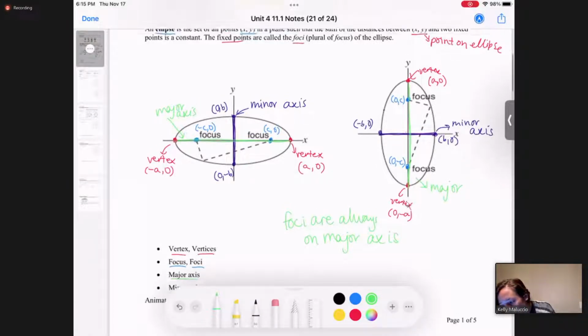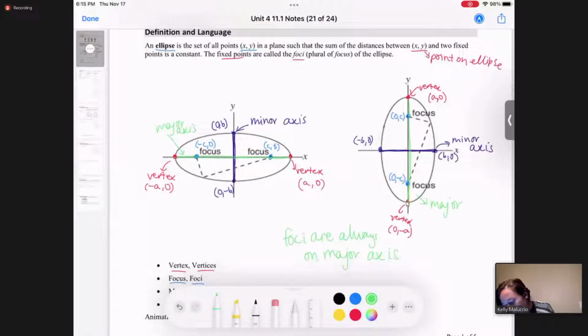What the definition above is saying is that if we call this distance D1 and the longer distance here D2, this is D1, and this is D2. D1 and D2 are constant. Or D1 plus D2, sorry.